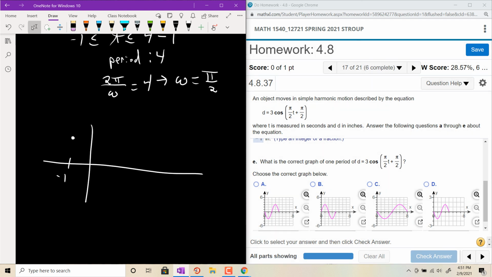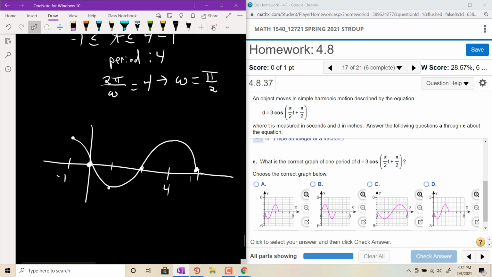So it's up there, then down here, then down here, and then back up here, and then at 2, 3, 4, should look like that, and 4, 5 should be back down.